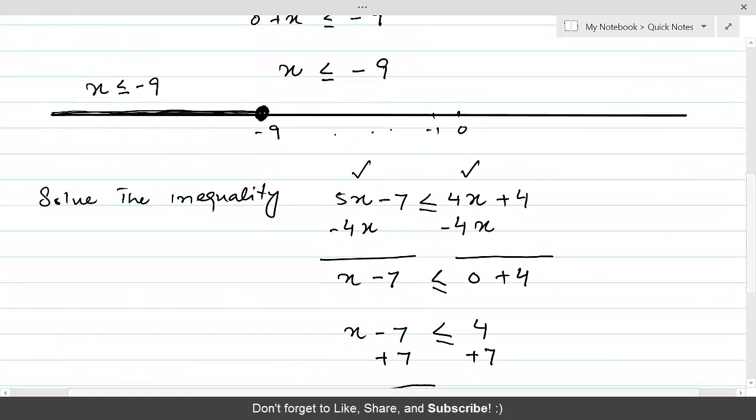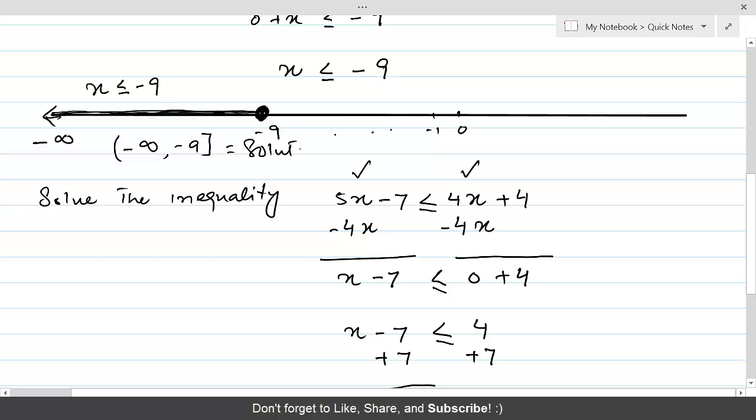And similarly, if we wanted to find the interval here, then what would the interval be? It will continue to go left to minus infinity, and the interval would become minus infinity to minus 9, closed on the minus 9 side, open on the minus infinity side.